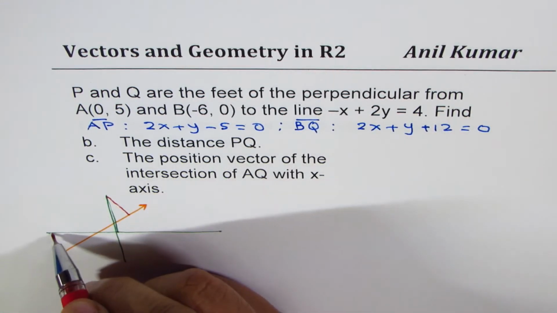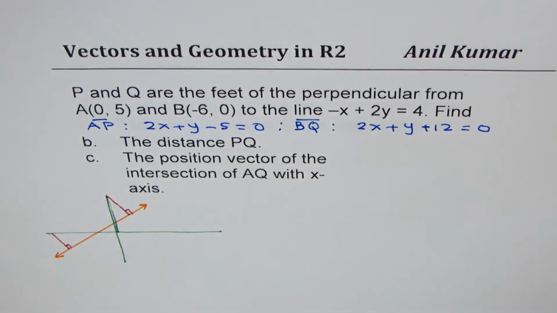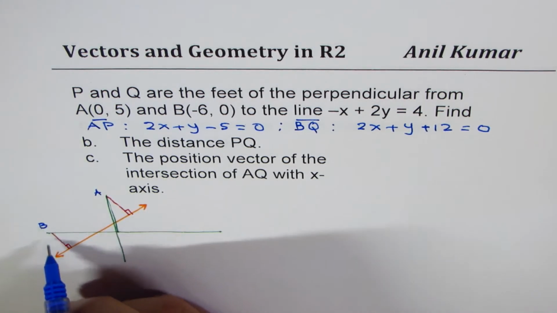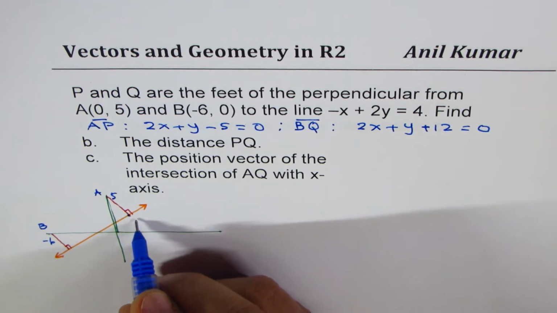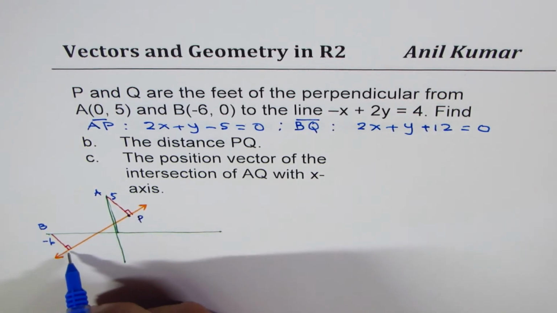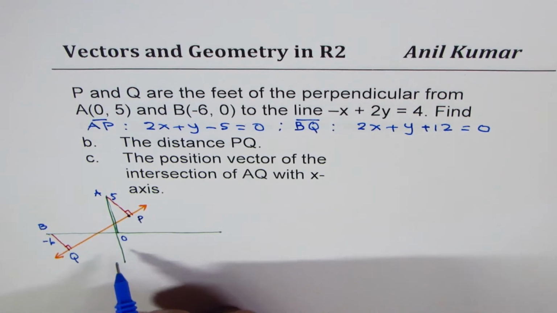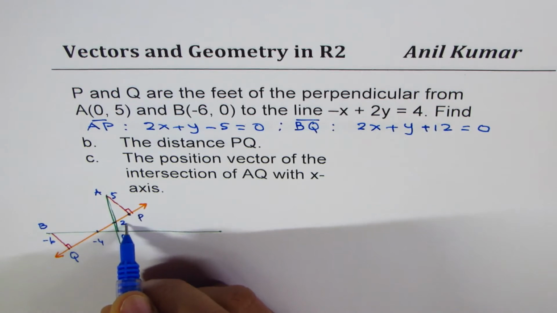This is A, and this is from B. So let's label it AB. This is -6, this is 5. This is the point P, this is the point Q, origin O. So these are the values. This point is -4 and this point is 2 for us.